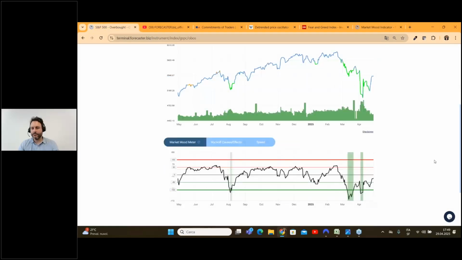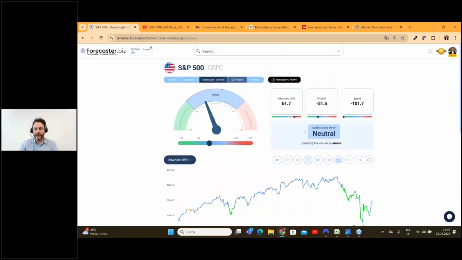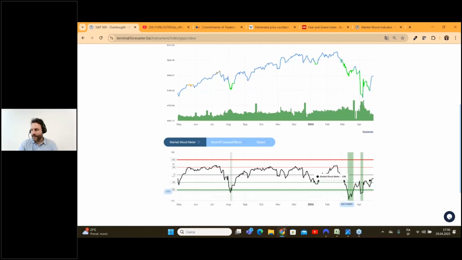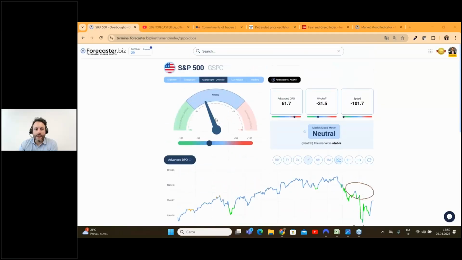So in this case, very easy, talking about the S&P 500, we can say that we experienced in recent weeks an oversold situation. And an oversold situation, which is also called panic selling, is a specific moment where markets tend to make lows, okay?